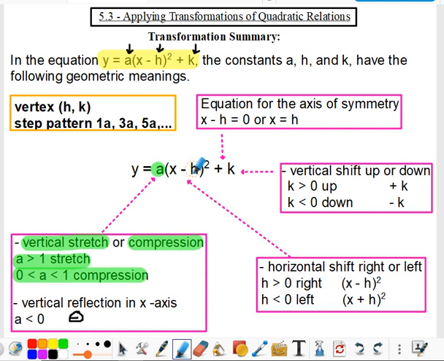Let's look at h. Now inside of these brackets is always a little bit tricky, so be very, very careful. H represents the horizontal shift either left or right. So when h is bigger than 0, of course, it's going to the right. And when h is less than 0, it's going to the left. Now, when you're going right, it'll look like it's negative.